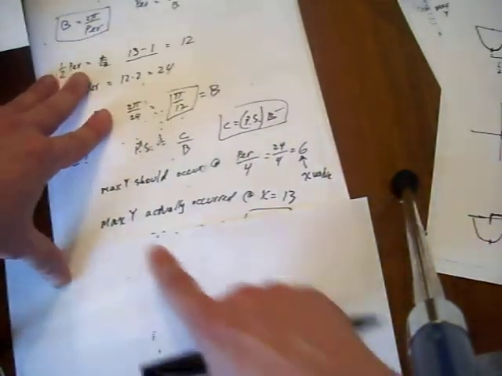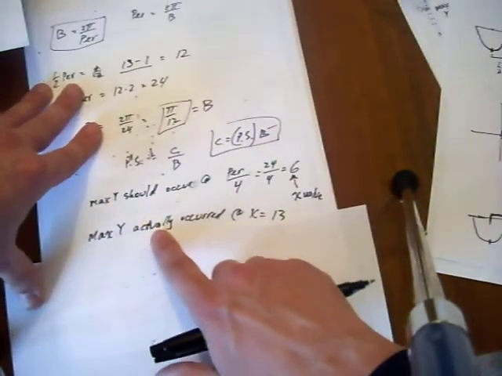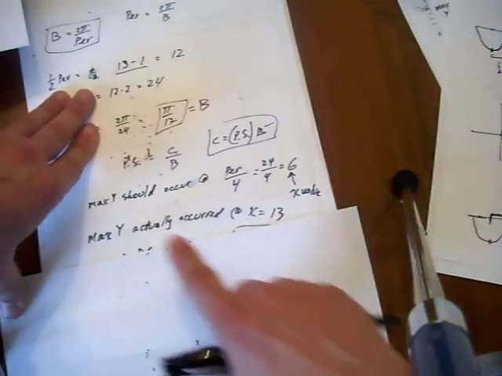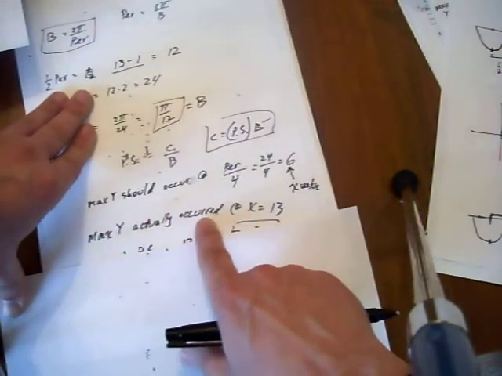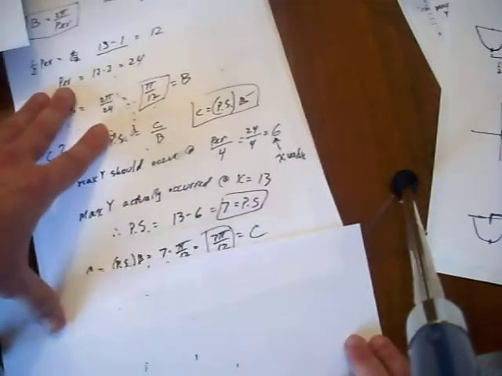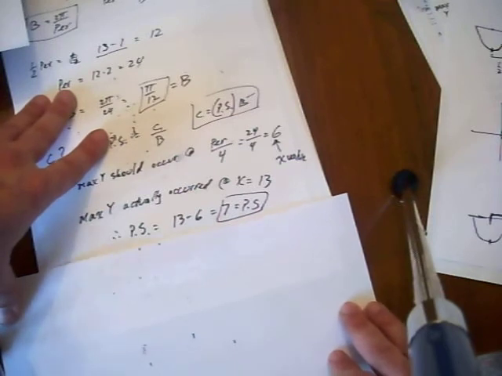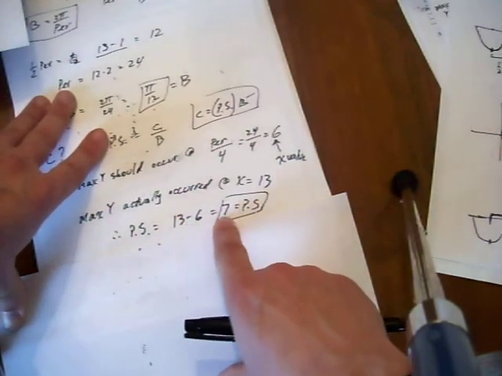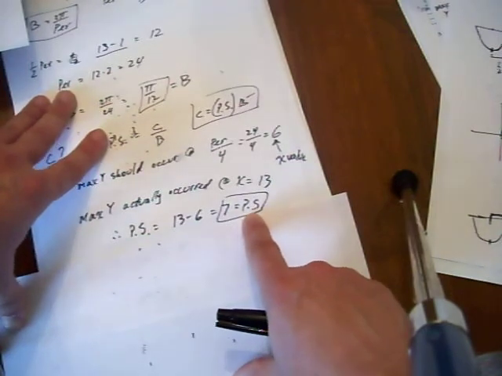So max y actually occurred at x equals 13. The difference between where it should have occurred and where it actually occurred is the phase shift. And in this case, 13 minus 6 equals 7. That is my phase shift.